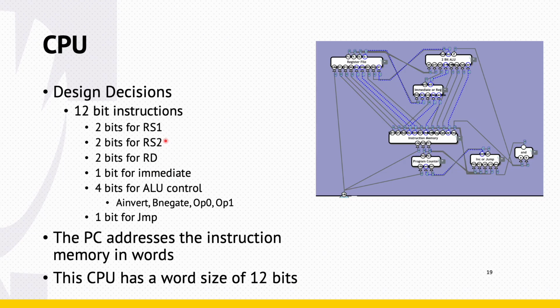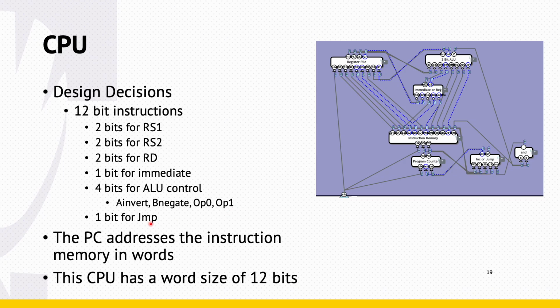This is what tells us if RS2 should be interpreted as a register to be read from the register file, or if the value should be interpreted as an immediate and directly go into the ALU. And then we have 4 bits of ALU control. That's A invert, B negate, op0, and op1, just as we've seen before when we built the ALU.